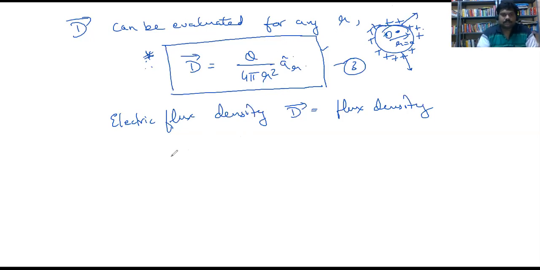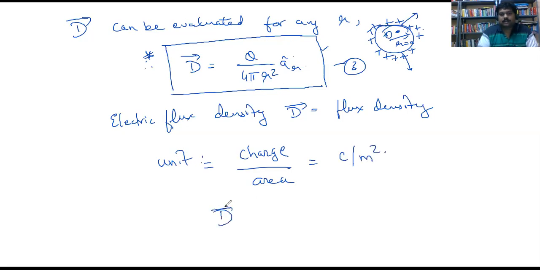So what is the unit for electric flux density? Charge by area, so coulomb per meter square.